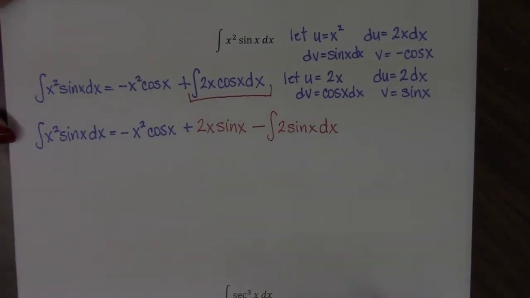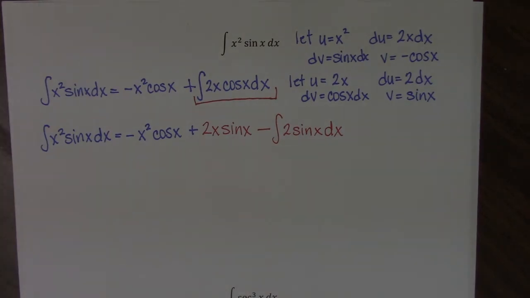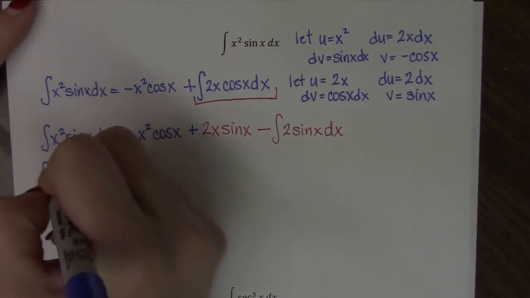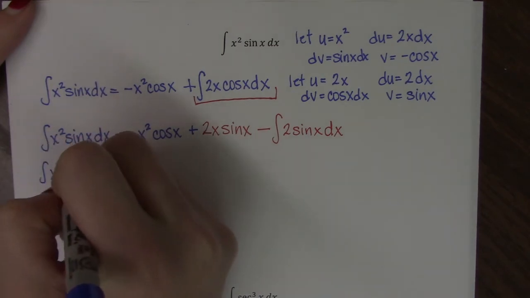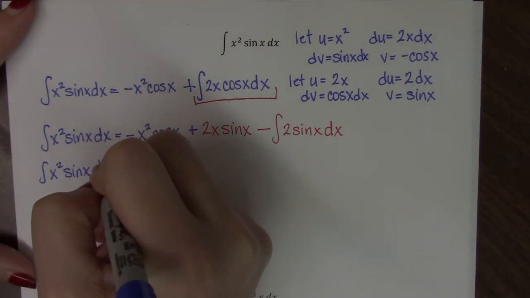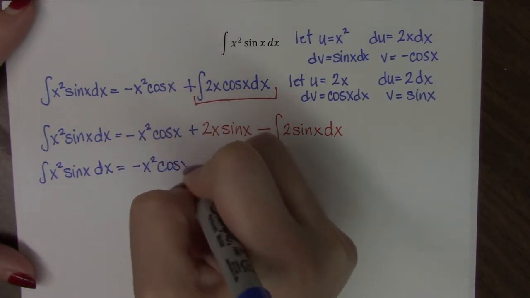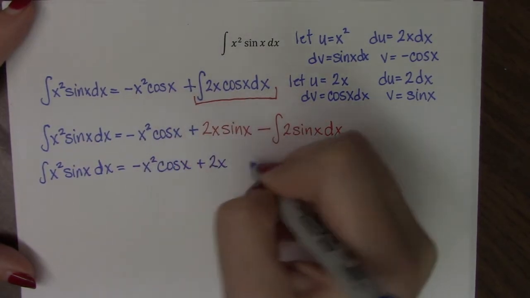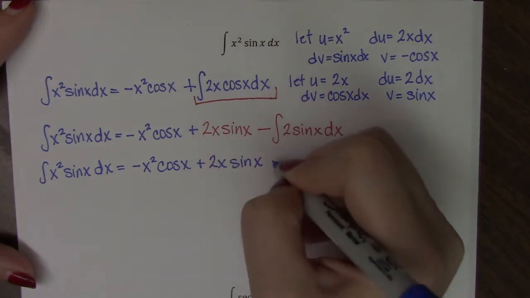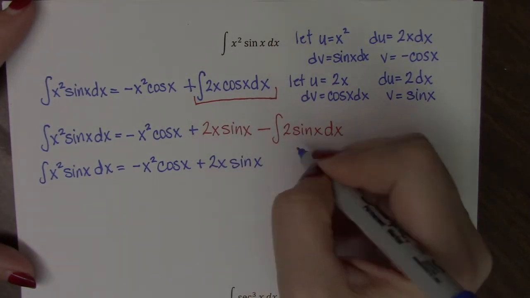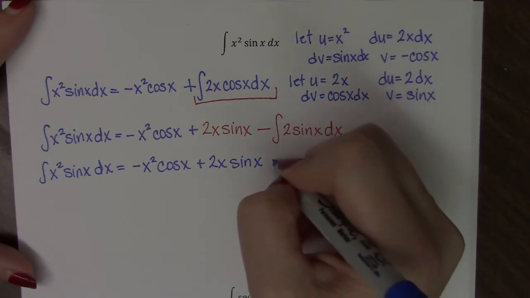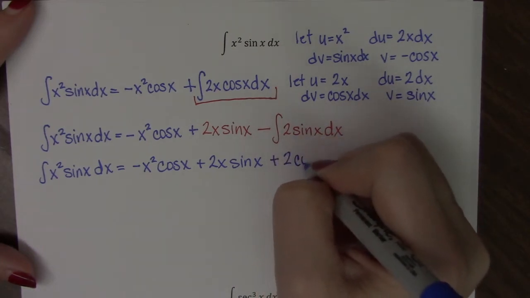So this is an integral that I can integrate directly. And the antiderivative of negative sine is positive cosine.